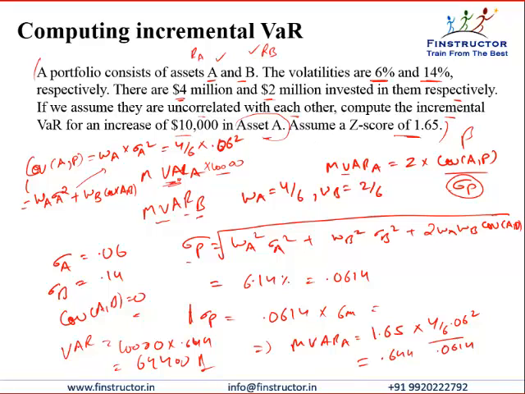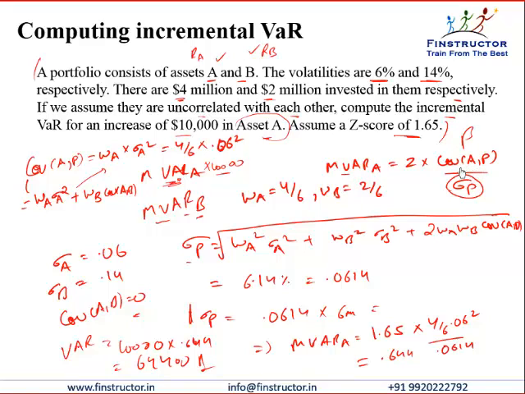So once again, as an approximation, what we did is that if we increase one risk factor, we first compute the sensitivity to that risk factor, that is nothing but the marginal VAR, and then multiply with the amount that we have increased in that risk factor. To calculate the marginal VAR, we use the covariance formula.